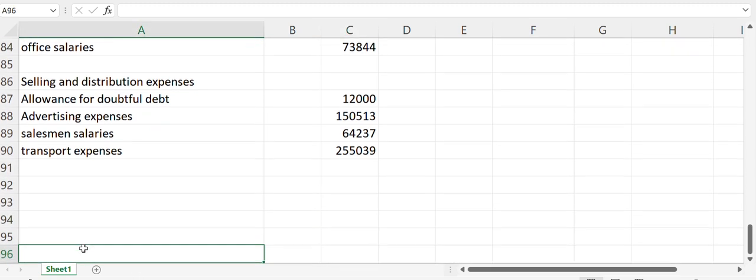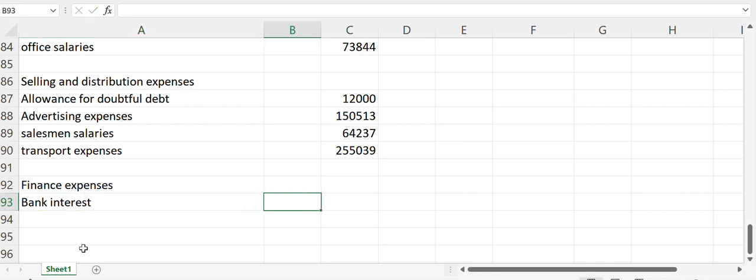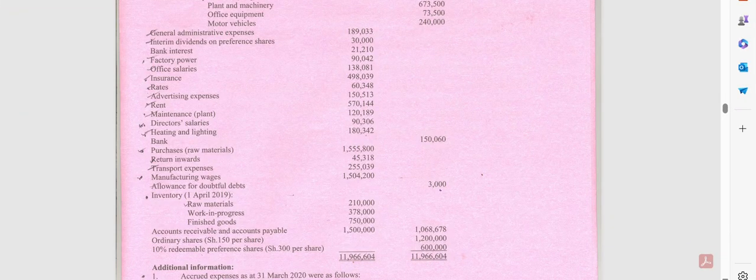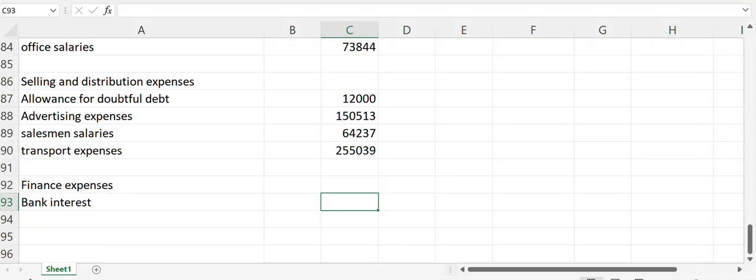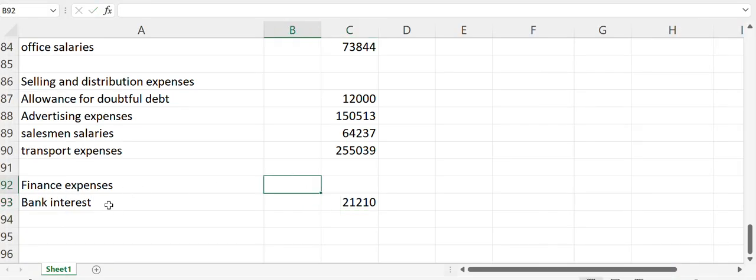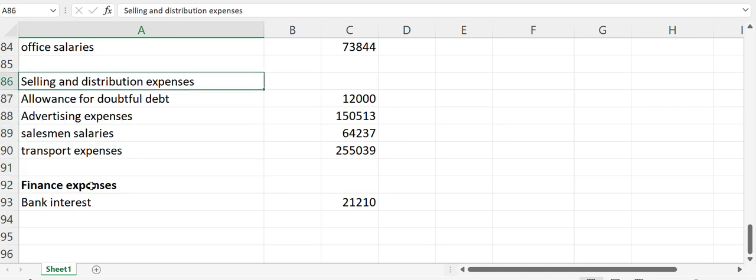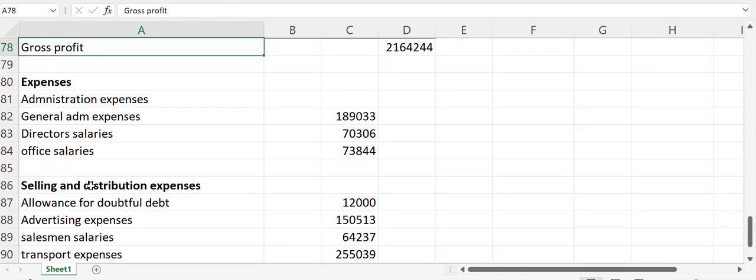So the last one here is finance expenses, and we have bank interest. The bank interest is 21,210. Yes, and remember, before we conclude with the expenses, we had depreciation for these other items.